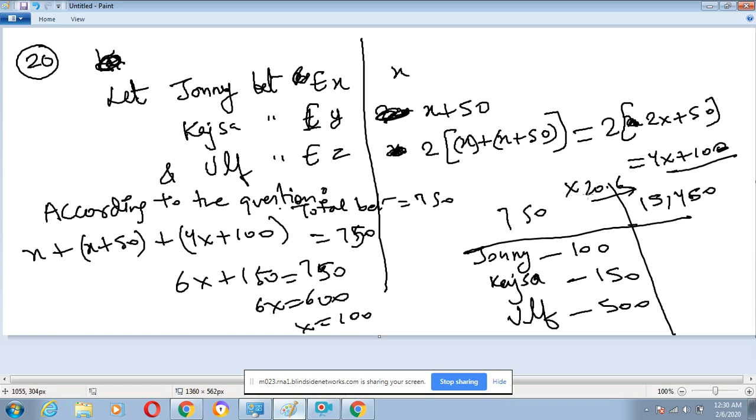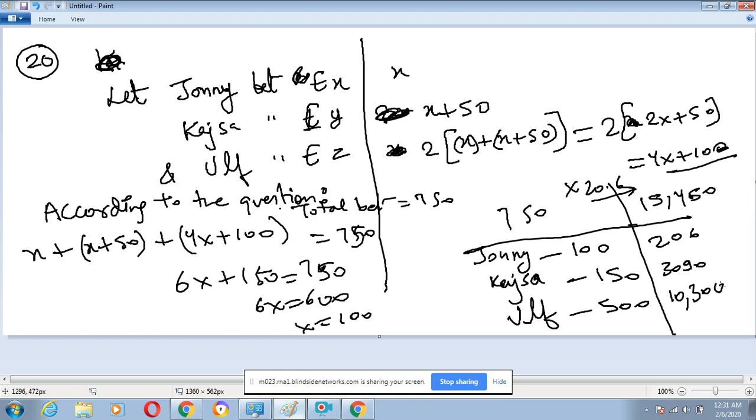So I have to multiply by 20.6. 150 times 20.6 is 3090, and 500 times 20.6 is 10,300. Yes, Ulf gets 10,300.